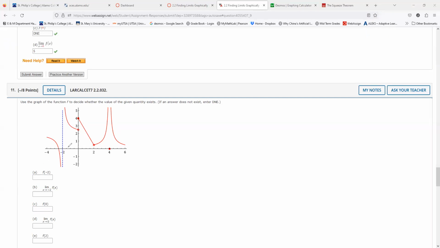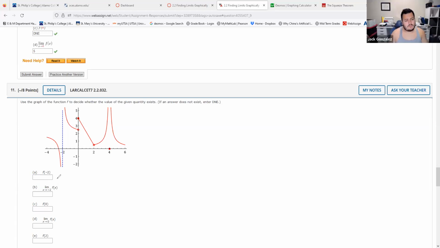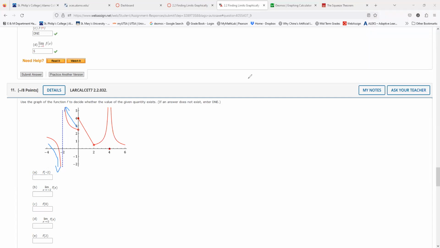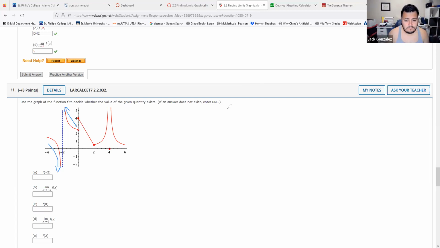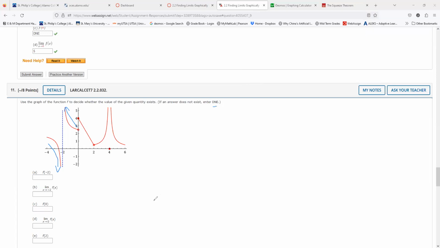It does not exist. But what about the limit? The limit sometimes exists. So I approach -2 from the left and from the right. What's going on? You're clearly not the same, right? So even if they had a value, they're not the same. The other one's shooting up to infinity. The other one's shooting down to -infinity. So D and E, right? Yes.